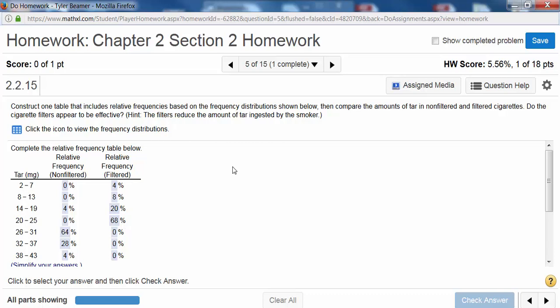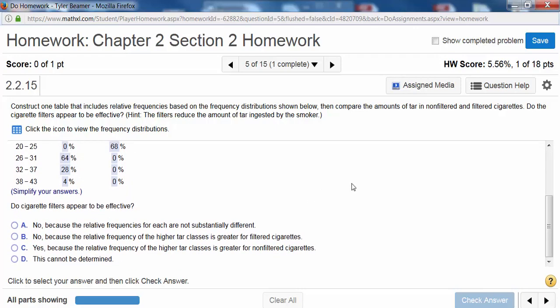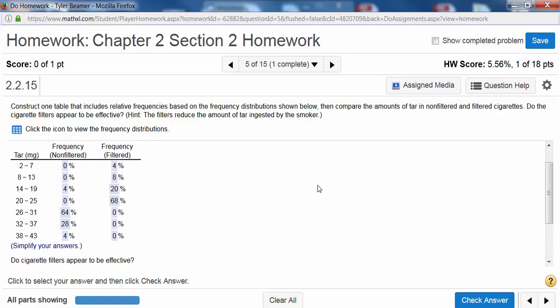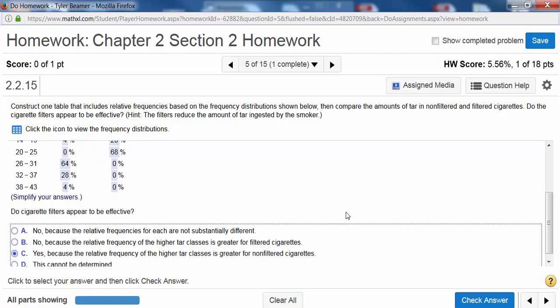That's kind of the idea of what a cigarette filter does, as opposed to non-filtered, where the majority of these percentages are in classes that have higher amounts of tar, right? So that would give evidence that the filters would appear to be effective. So I think we're looking at C, yes, because the relative frequency of the higher tar classes is greater for non-filtered cigarettes, and that's pretty much what we're seeing here.